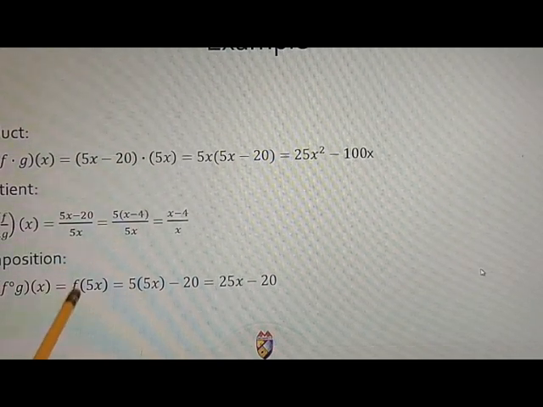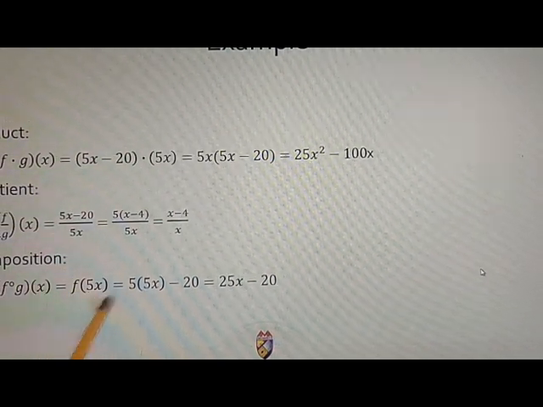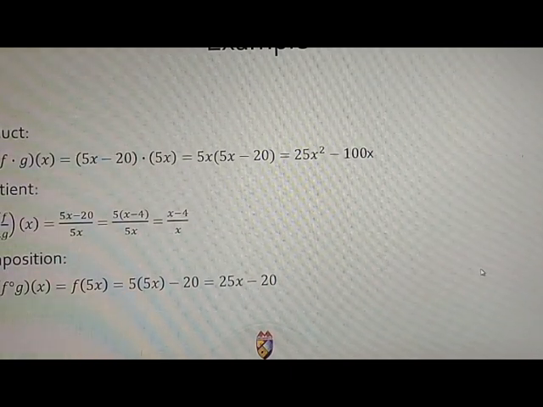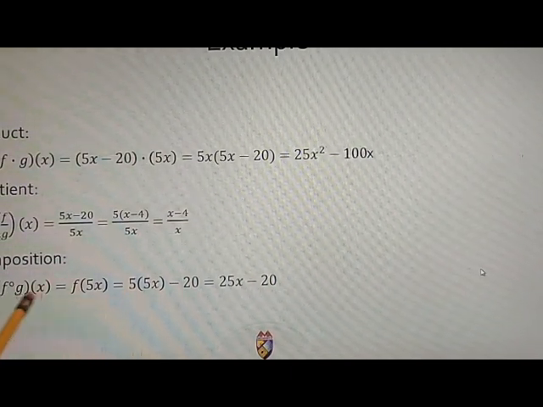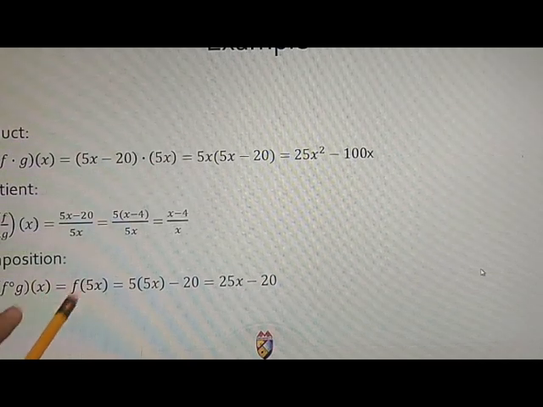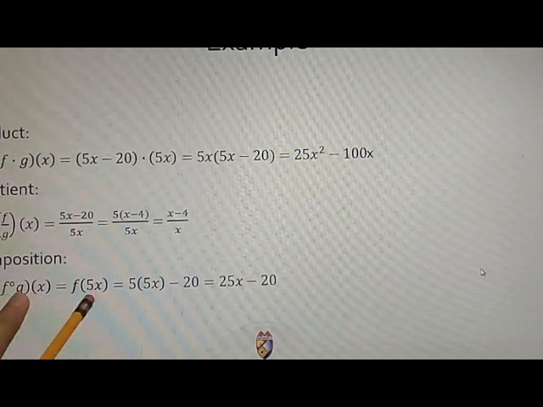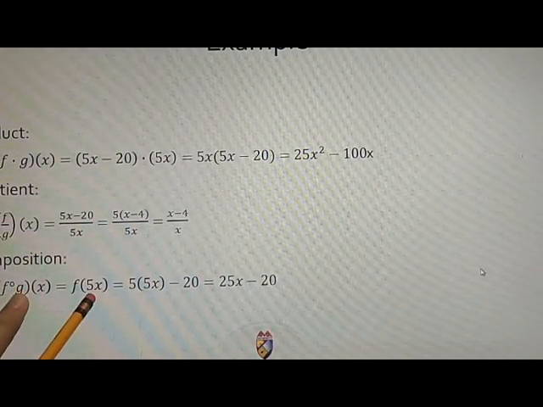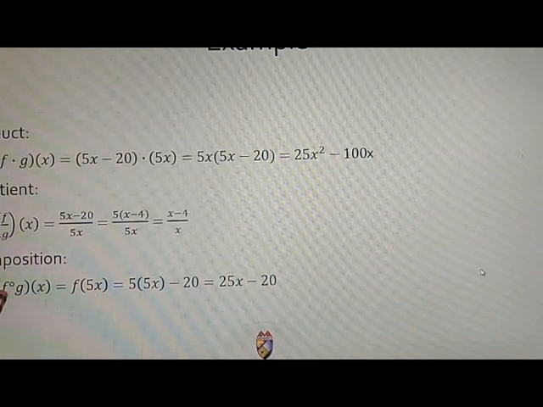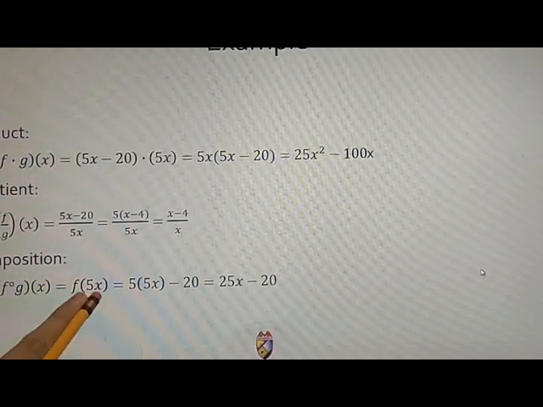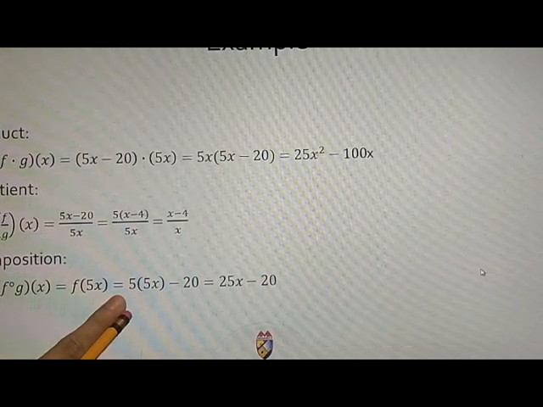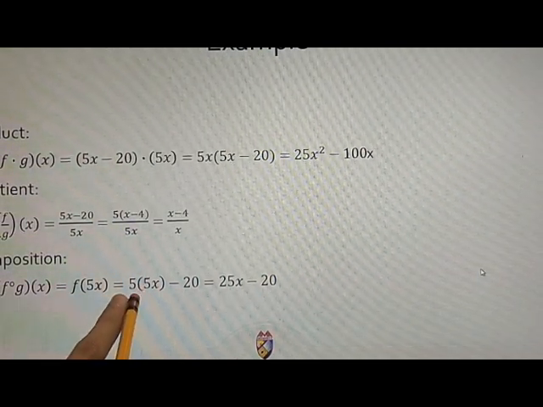So, we have, that is equal to f of 5x, di ba? Ang g of x is 5x. Okay? So, f of 5x or g of x is equal to 5.